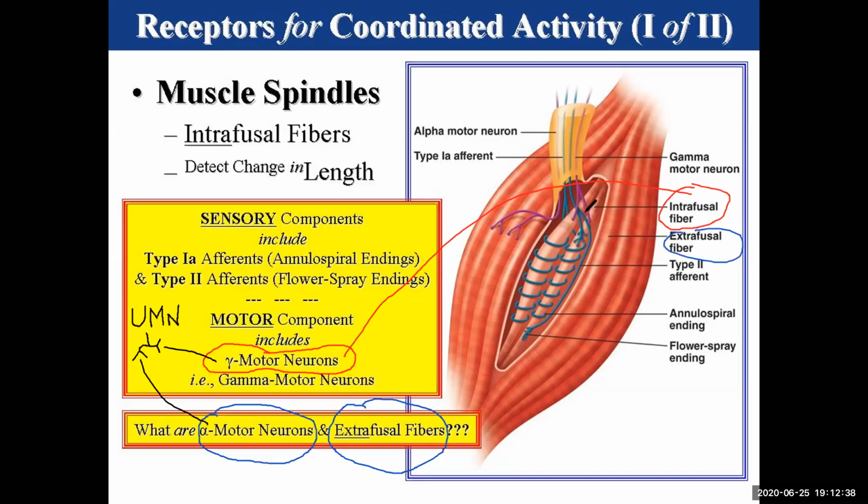the intrafusal fiber also will contract to follow the length decrease. It's allowing the spindle to detect muscle length change. So as the intrafusal fiber contracts, it sends afferents, meaning axons that are conveying information toward the central nervous system.